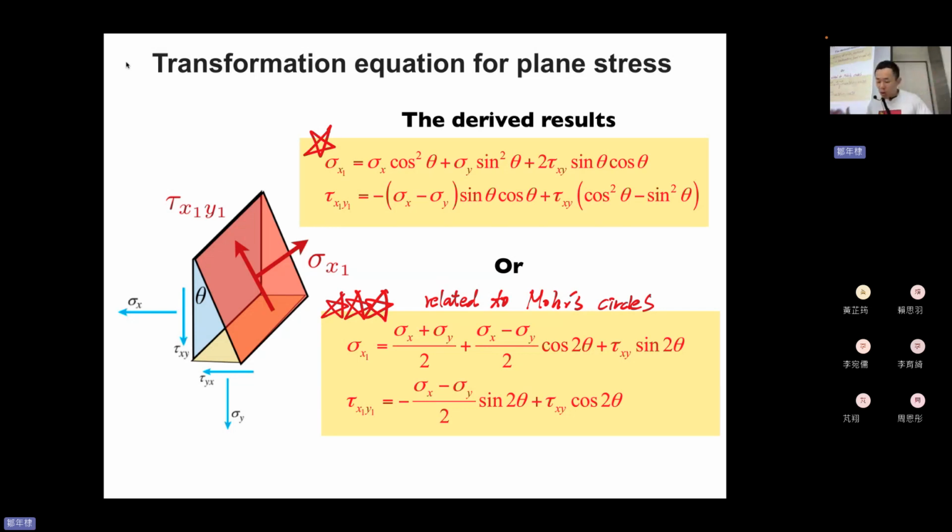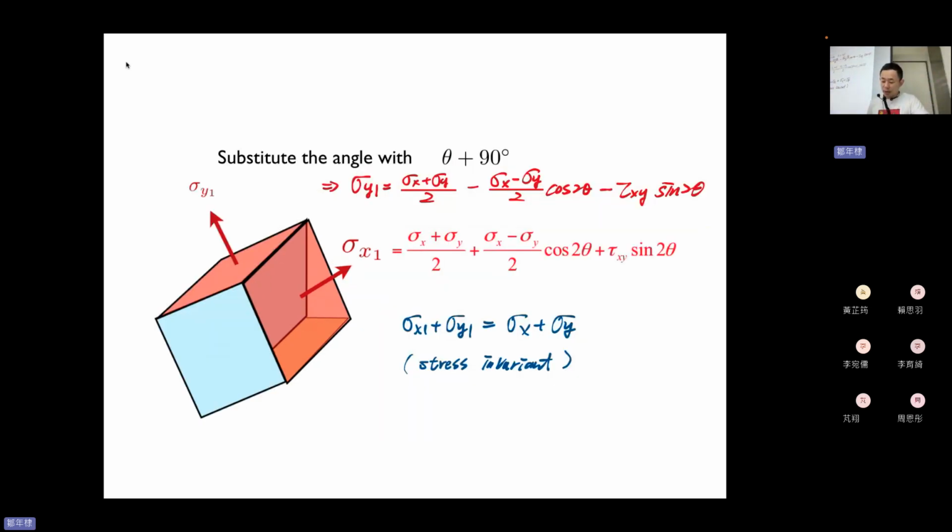Mohr's circles. And then we introduced the stress invariant: sigma x plus sigma y will always equal a constant, so you can simply get sigma y1 if you know sigma x1 first.